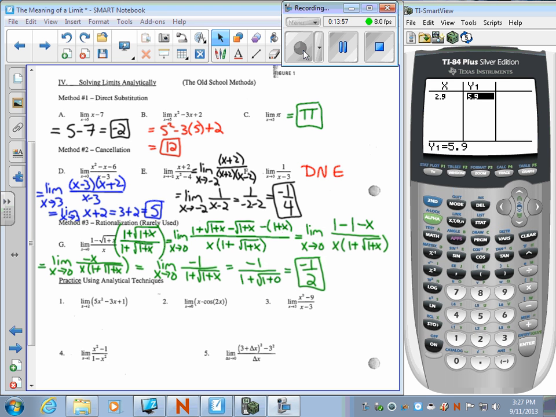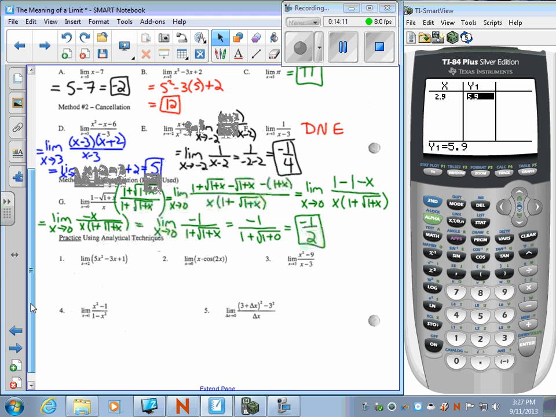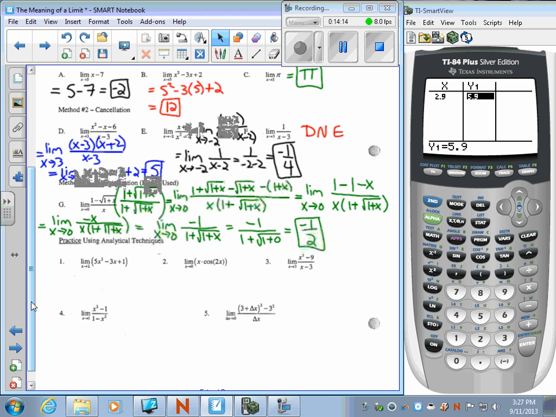So at this point, if you need to correct something, please hit pause so you can try and figure out what's wrong with yours and what I did in my solution. Once your answers are all great, I would like for you to move on, please, to the practice 1 through 5. And again, pause the video, do the problems, and then hit play again to see the answers. So please hit pause.